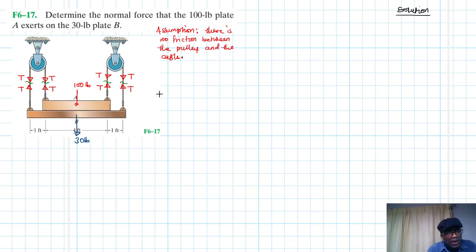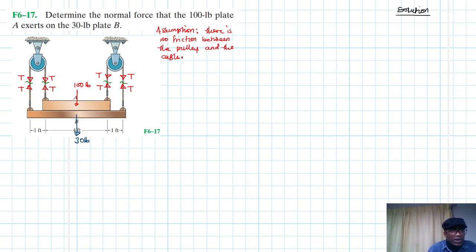So we are going to apply the equations of equilibrium. We just use one, which is summation of forces in the Y. We know that the tension is going to be the same because each of the cables will rearrange itself so that the tension over the pulley on one side will be equal to the other.